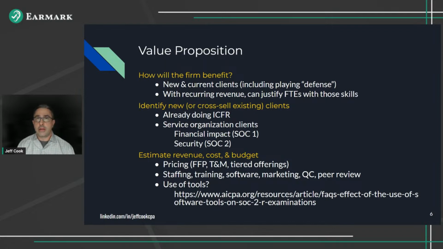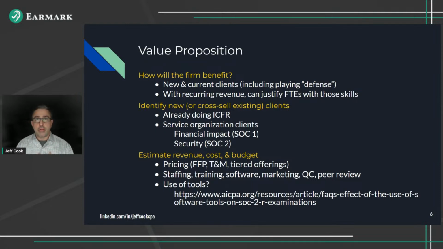The firm is also going to have to consider if your peer reviewer, your current one, has the skills, competencies, and expertise to perform the peer review of your firm now with this SOC practice. If not, you might have to look for a different peer reviewer, or a lot of times what will happen is that peer review firm will bring in a SOC specialist.